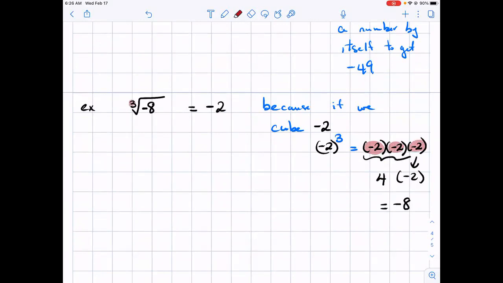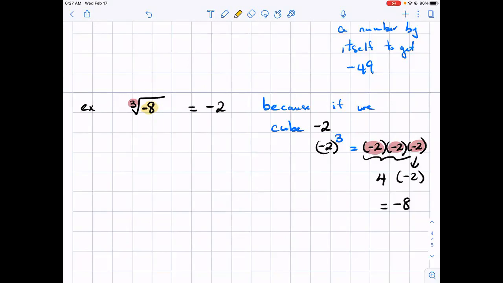So when n is odd, the radicand can be negative. That number can be negative. The same thing happens for the fifth root, but if it's the fourth root, it's not possible.